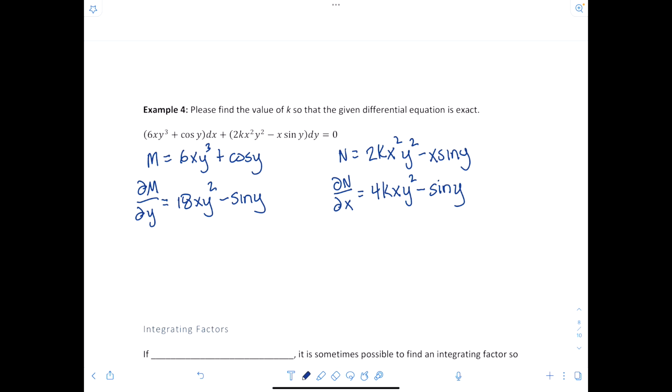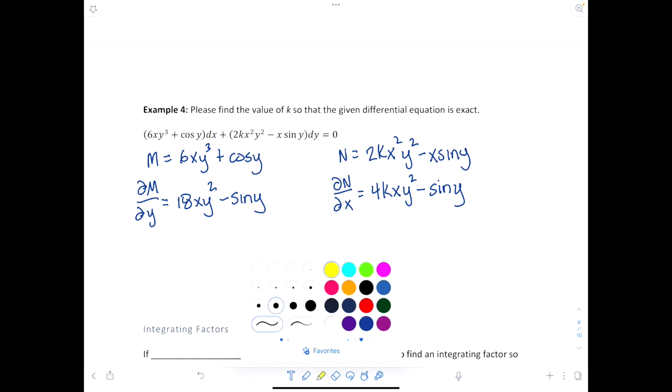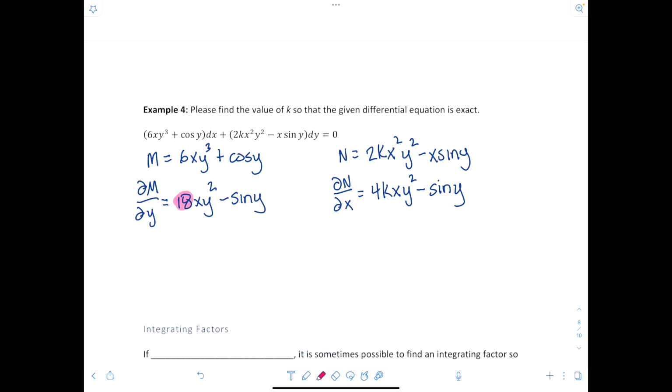So everything is the same except for the coefficient of the xy squared, right? So if we were to set these equal to each other, the 18 equal to 4k, we would have the same thing. So if we set 18 equal to 4k, that's going to be 9/2 is k. So if k was 9/2, then this would be an exact equation.